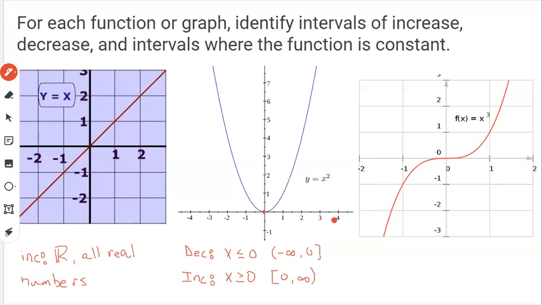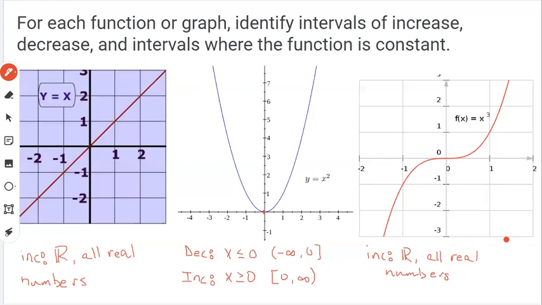And then the last one on the screen is going to be f of x equals x cubed. So this is going to be that cubic function. Notice as we go from left to right, the function is always going up. So we say that it's increasing on all real numbers. There we go.